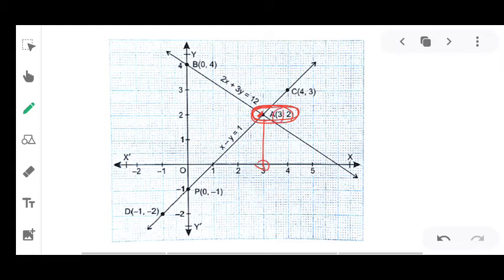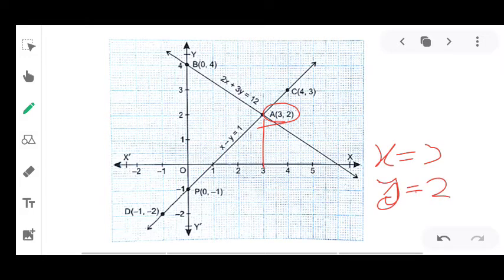So 3 is the x coordinate, and the y coordinate will be 2. So the coordinate of this point is 3 comma 2. This is the solution for this linear equation. 3 comma 2 means x equal to 3, y equal to 2 is the solution.